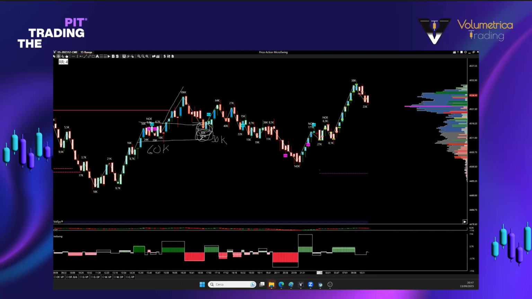But from a simple perspective, if we want to keep that simple, the ideal pullback once a supply or a demand area has been established should be with less volume, at least roughly 50% of the volume we had on the previous attempt of trading that area. After, of course, determining that the break was caused by a relevant part of volume and the entire swing breaking out the high or the low was actually supported, sustained by volume.